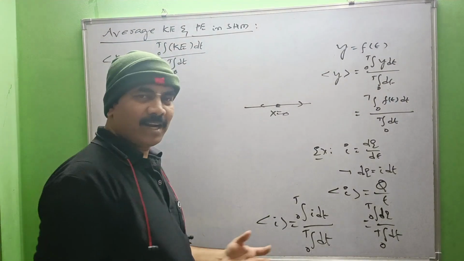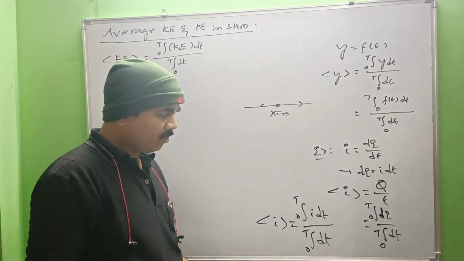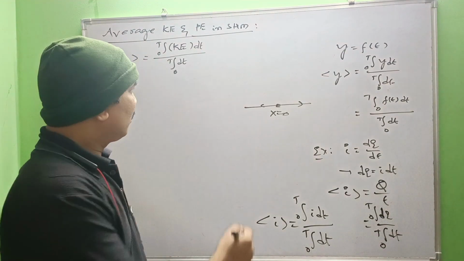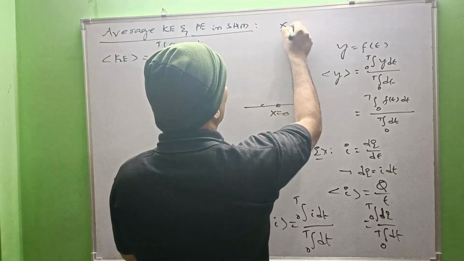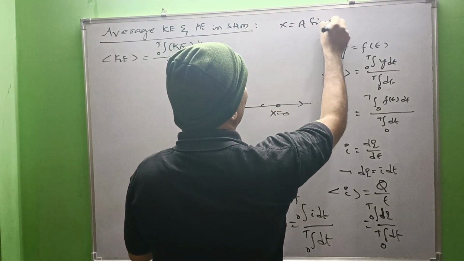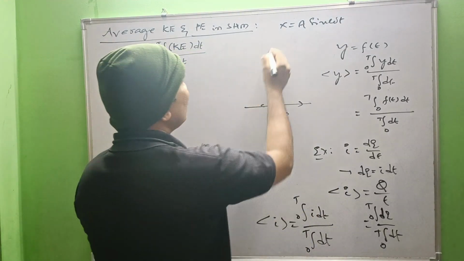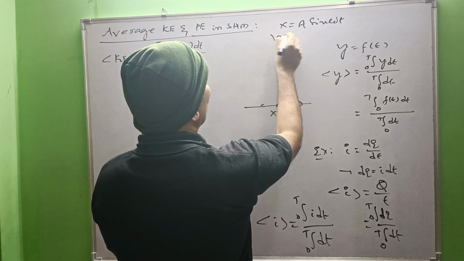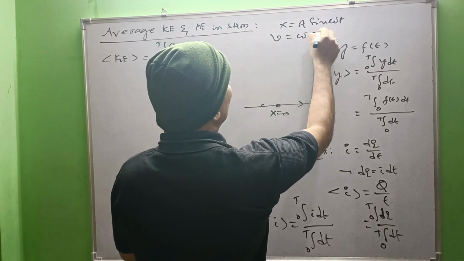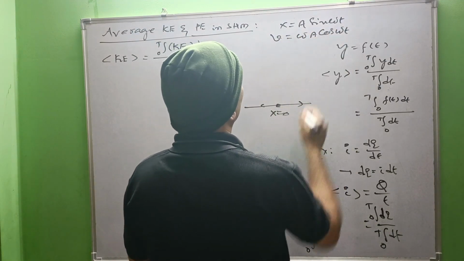Now, what is the expression for kinetic energy? In the previous video, we came across that x equal to a sin omega t, right? That is v equal to omega a into cos omega t, right?